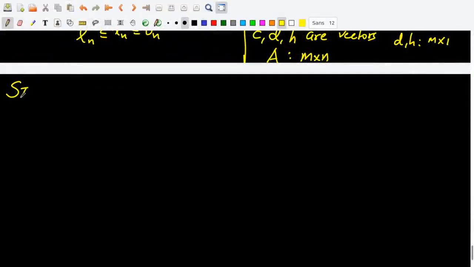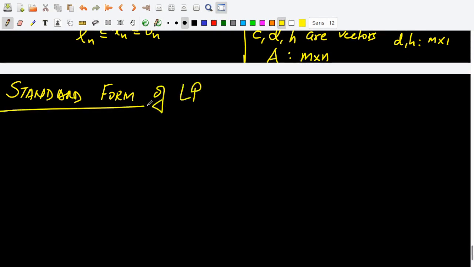So the standard form of a linear program is usually written as minimize C transpose X subject to AX equal to B and X greater than or equal to 0.